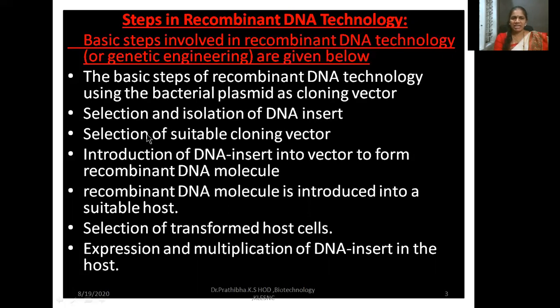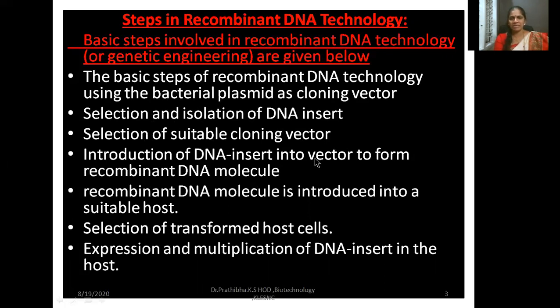During selection or isolation of DNA insert, you are going to isolate the DNA from the plant cell or animal cell or bacterial cell. Then you are going to select the suitable cloning vector from the bacteria. Then to introduce this DNA insert into the vector, you are going to cut the vector system by using restriction endonuclease enzyme.